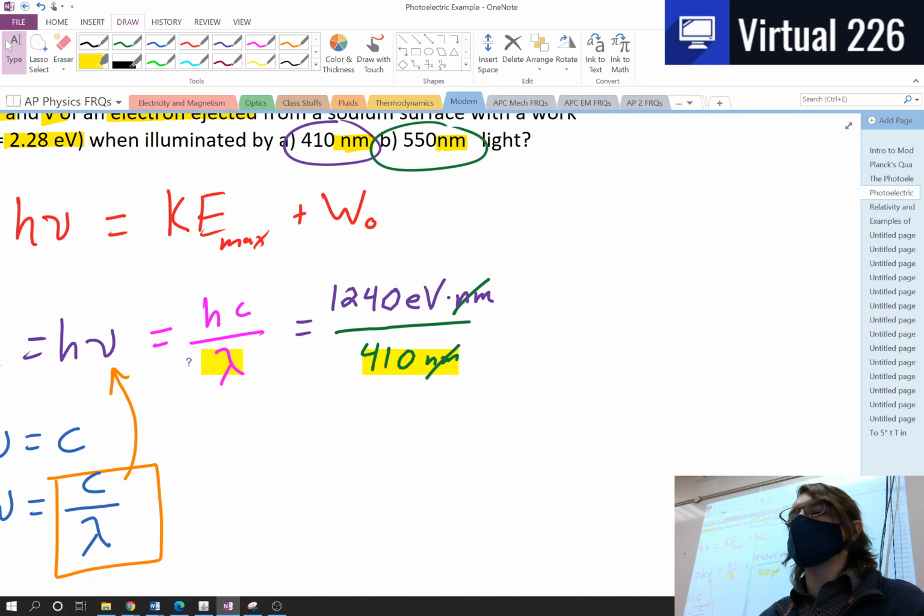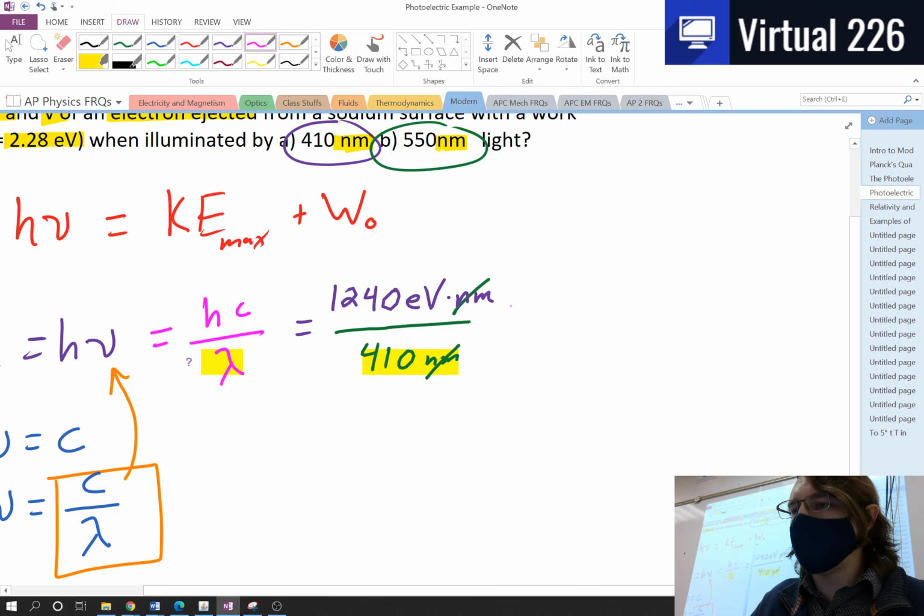If we crush this on a calculator, much more straightforward, 1240 divided by 410 gives us about 3.02 eV.